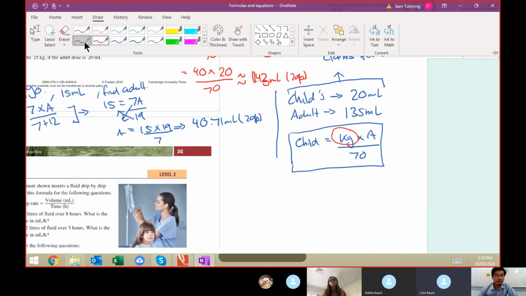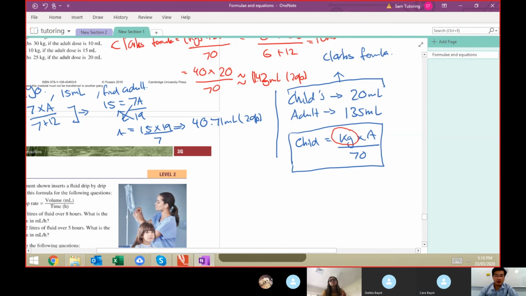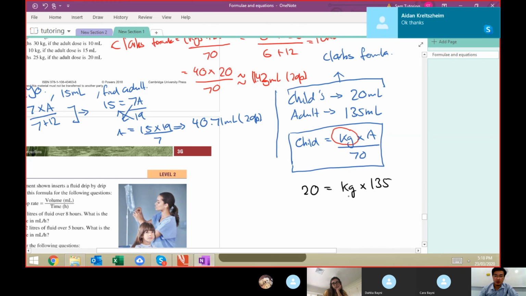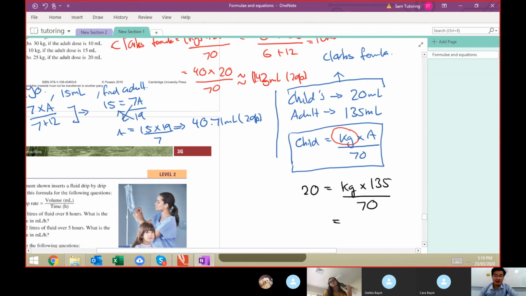Yeah, so basically the child's dosage will be 20. It's equivalent to some kilogram times the adult dosage, 135, all over 70, my apologies. So now you have to make kg the subject. So you do the whole swap thing again. 70 goes up, 135 goes down.